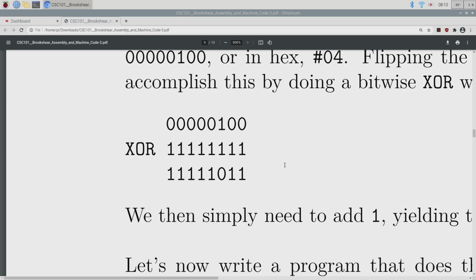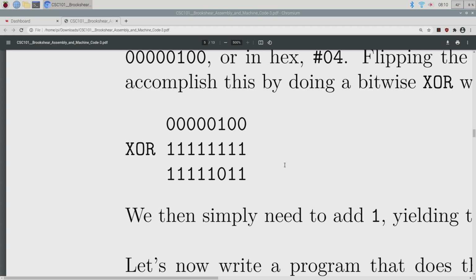So we've got the bit pattern of all ones there, and we've got the number 4, and I want to flip the bits, okay? If I XOR this, it does it bitwise. The first bit gets XORed against the first bit, the second against the second, the third against the third, and so on.